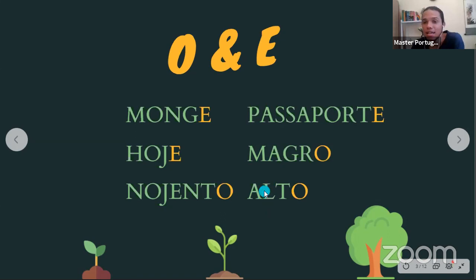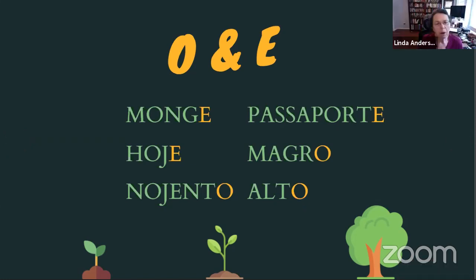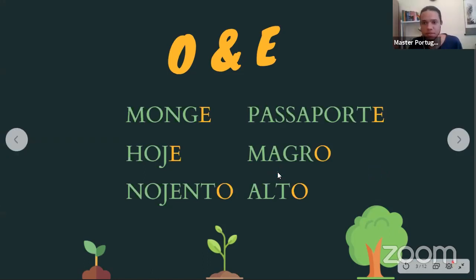The L is pronounced as U, au, alto. Not alto, alto. So magro and alto sound different to me when you say them. Magro, alto. Eu sou magro e alto. Okay? Good.